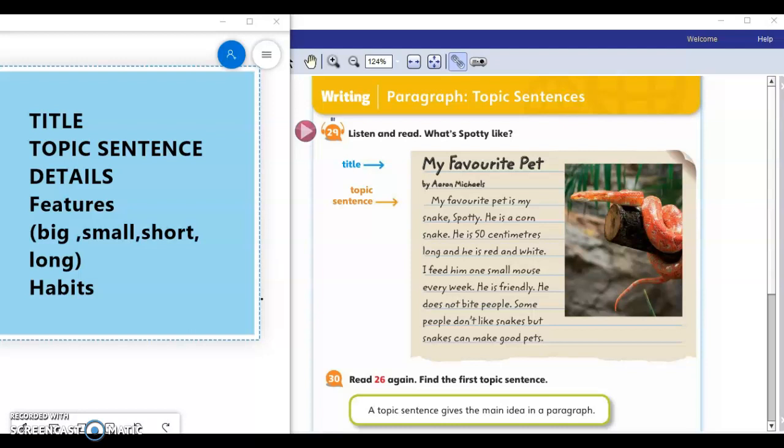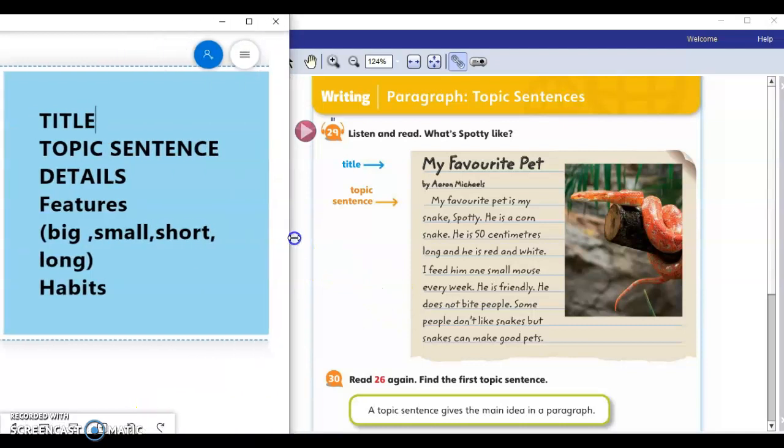Today we are going to talk about writing paragraphs. So we will learn about the different parts of a paragraph. First of all, I want you to open your books and go to page 70.